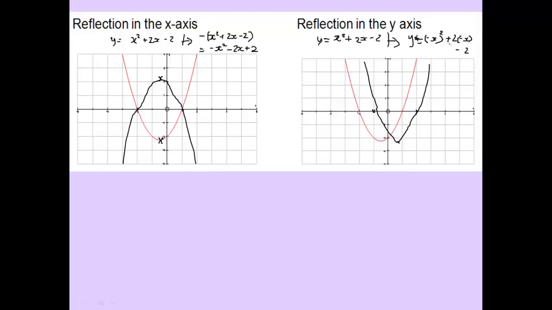So the only actual change will be this term, because minus x, all squared, becomes just x squared, doesn't it? If you square a negative, it becomes a positive. We then get minus 2x minus 2. So the only change is this change of sign here, and that just gives us this parabola here.